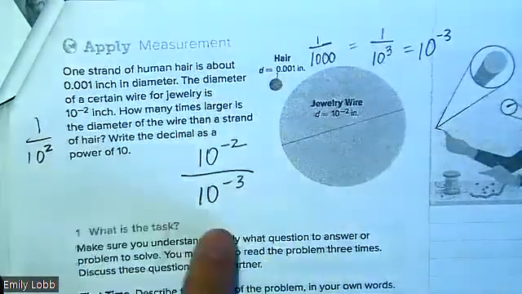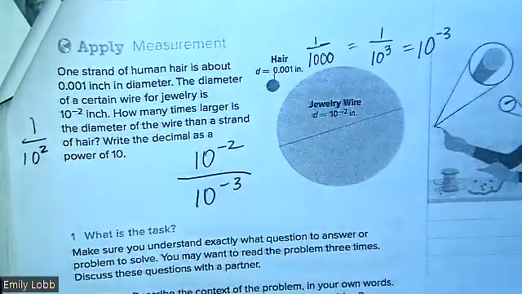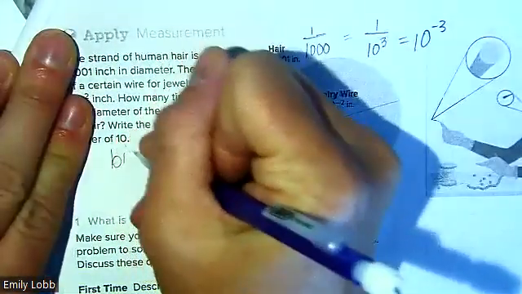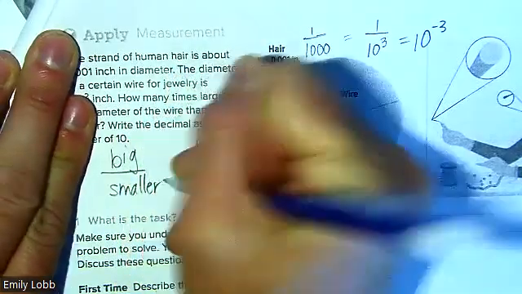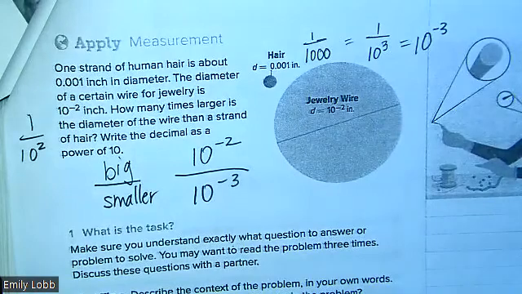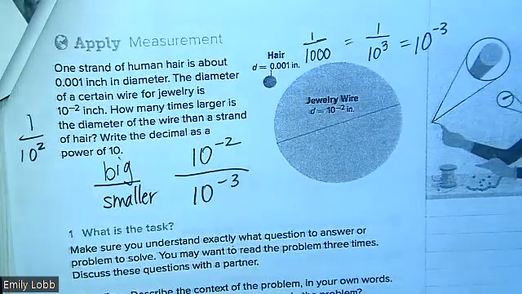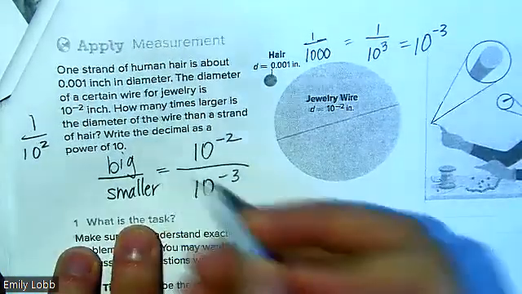We're trying to figure out how many times more this is than that. So we're going to take bigger divided by smaller, just like we were taking the volume of the bigger cube and dividing it by the volume of the smaller cube to see how many of the smaller cubes we could fit in. How many times larger? Do you see how these kind of parallel each other?